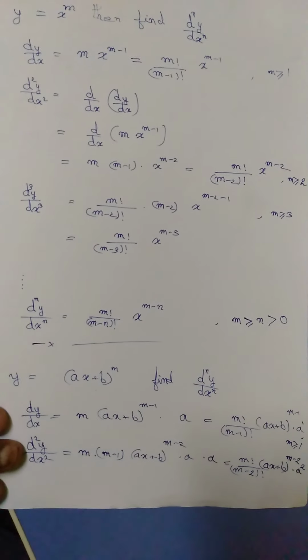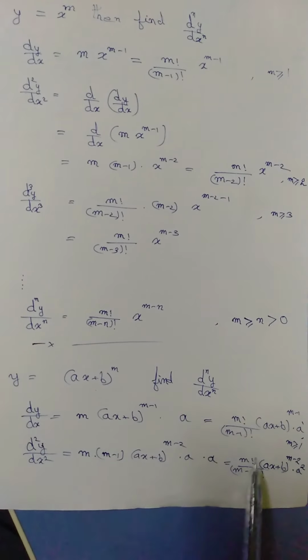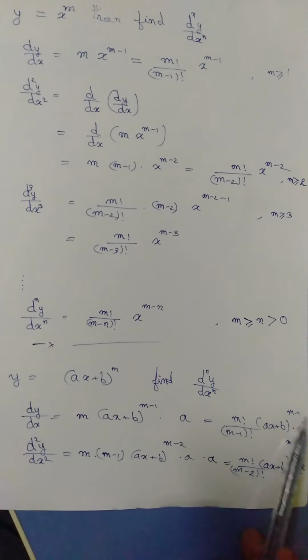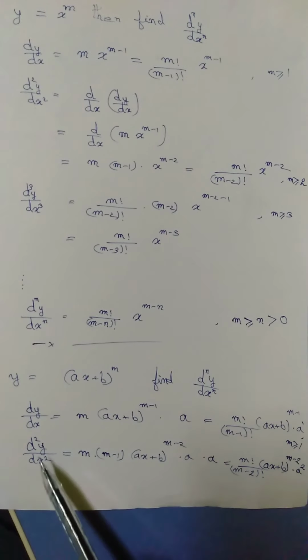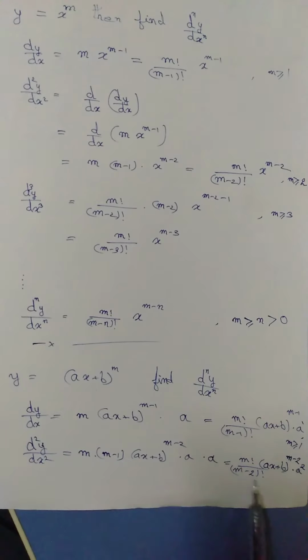Now if you continue this, we can observe that when you take the first derivative, you have minus 1, a to the power 1. When you take the second derivative, you have minus 2, a to the power 2.